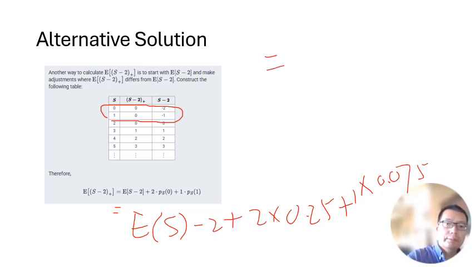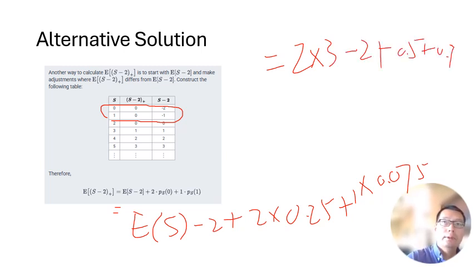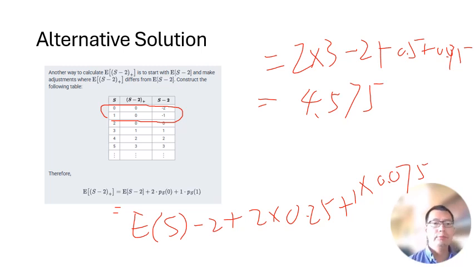So that would become 6, the expected value of S is 2.3, 2 times 3, which you already know, minus 2, plus 0.5 plus 0.75. So this is 4.575. You will get the same result as before.